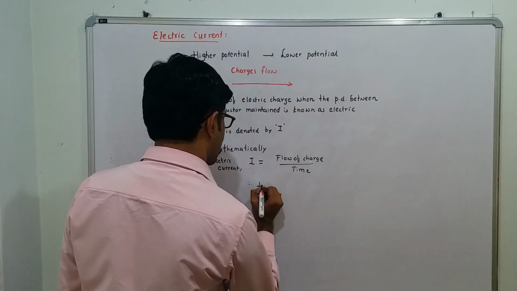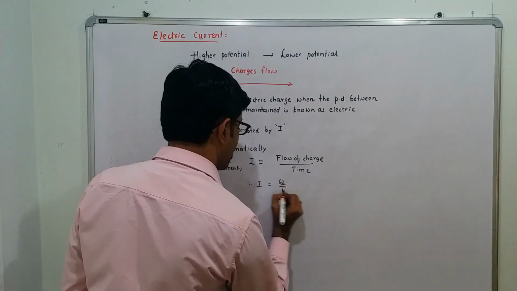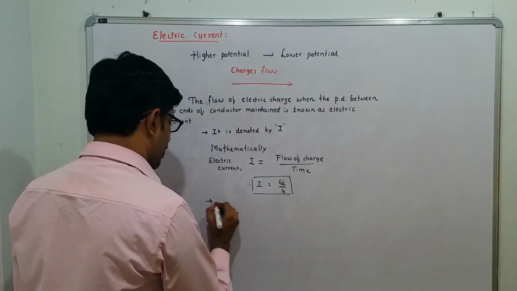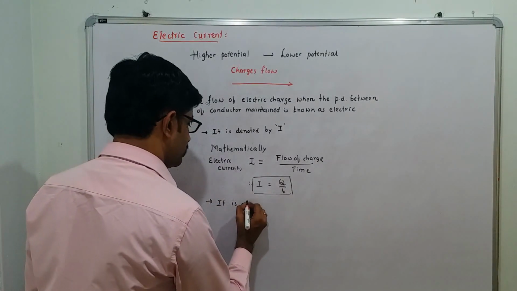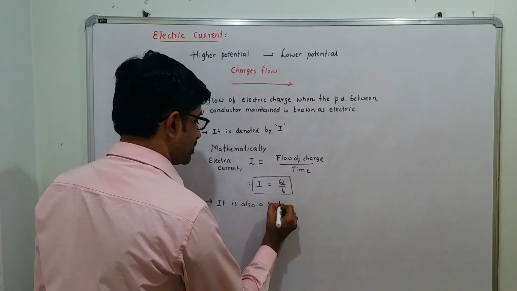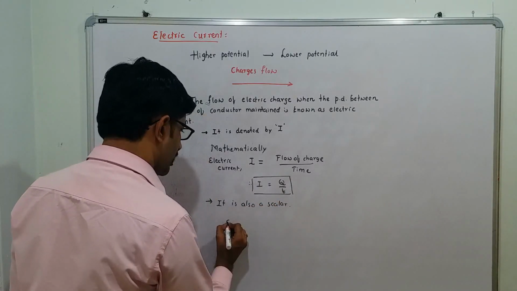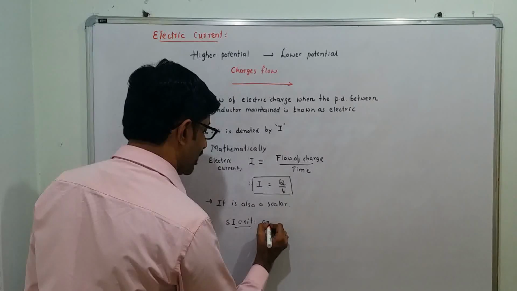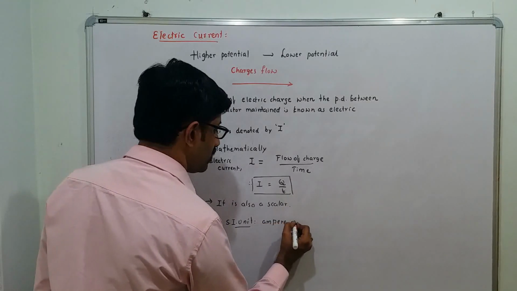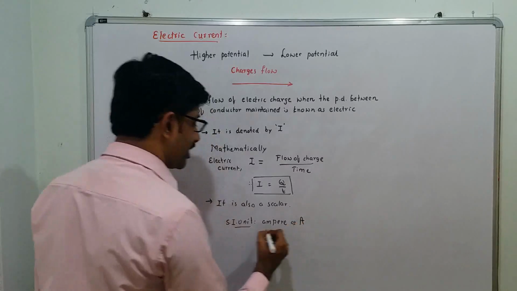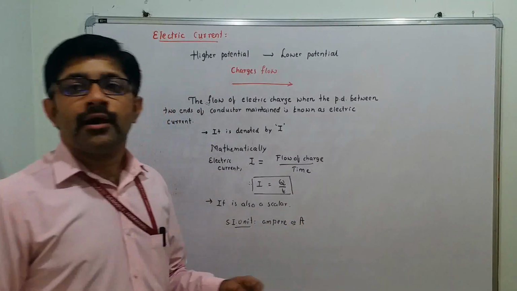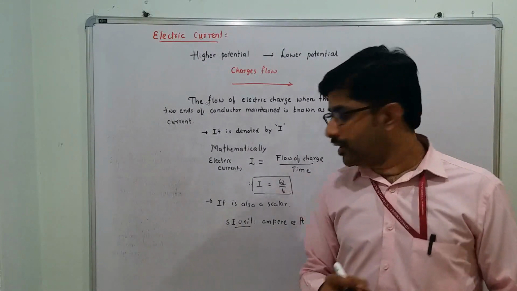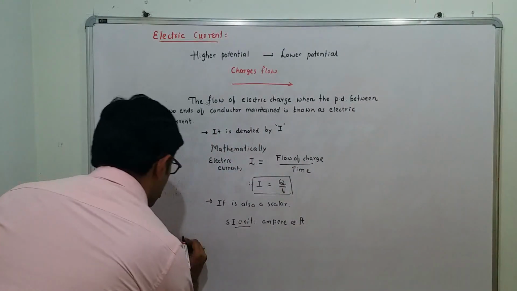Therefore, I is equal to Q divided by T. It is also a scalar quantity. The SI unit of electric current is ampere. It is written with a small letter, ampere. It is also the name of the scientist, Andre Marie Ampere.